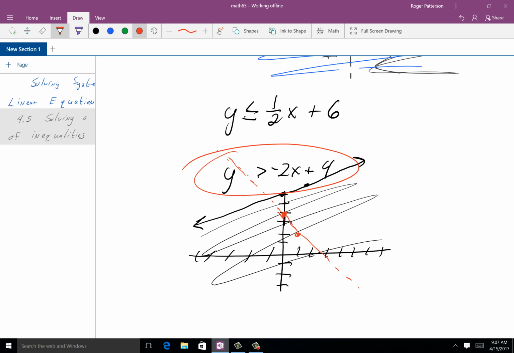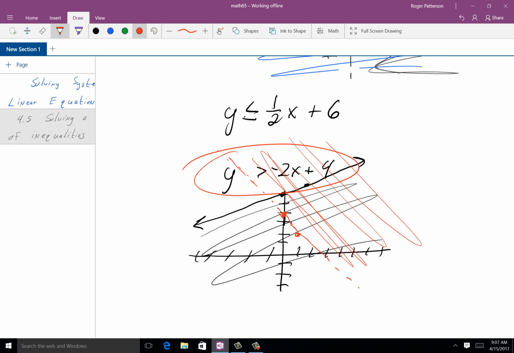All right, and I'll do the same strategy. I look at this and say, this says y is greater, so would I shade above or below the line? Above, because it's greater, right? So I'm going to shade up here. And now do you see where the answer is?